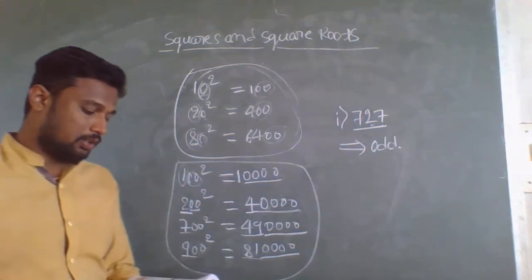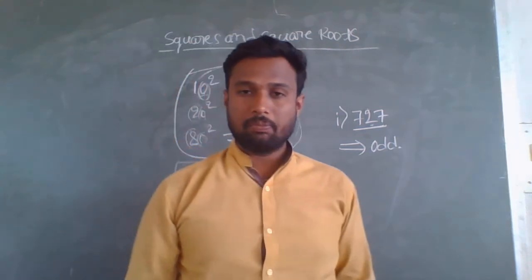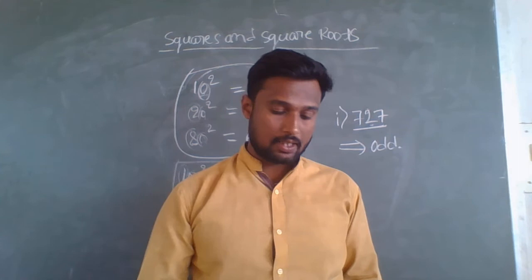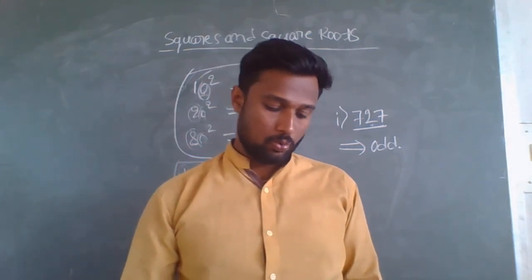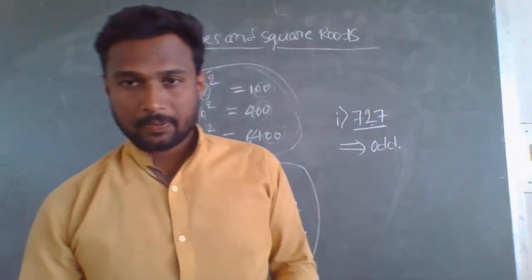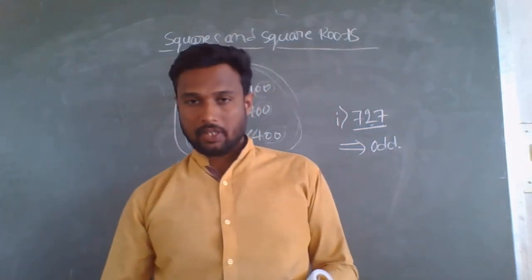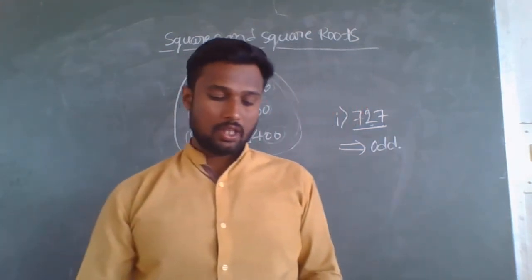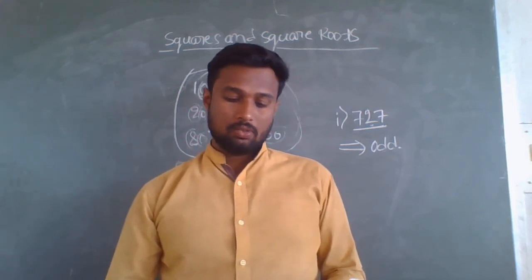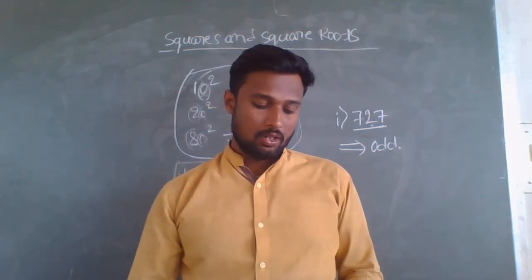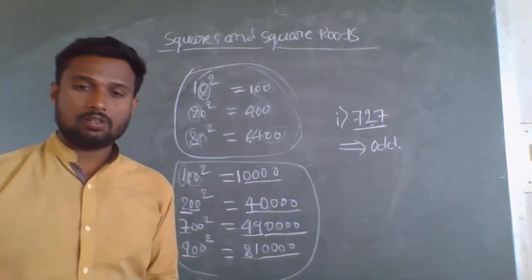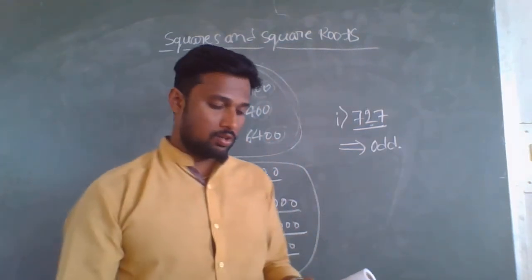You can observe in the table they have given on page number 91, which we discussed in the previous class. We discussed numbers from 1 to 20 and their square values. Where odd numbers are there, the square values are also odd.